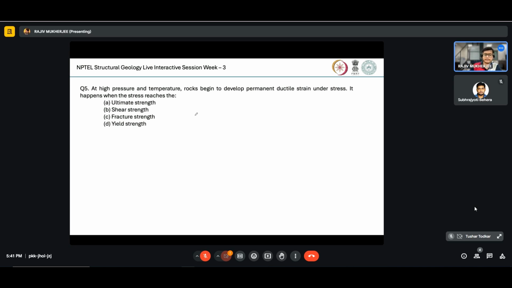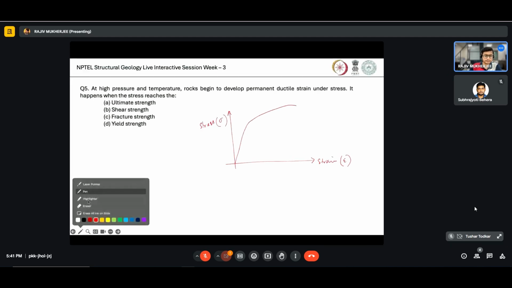So if we observe the stress versus strain curve for any ductile material, we will see that the curve follows this kind of pattern, either this or this or this.